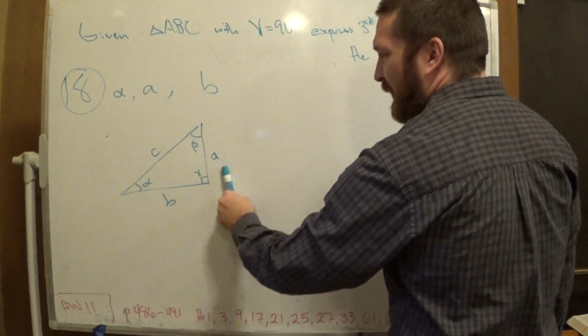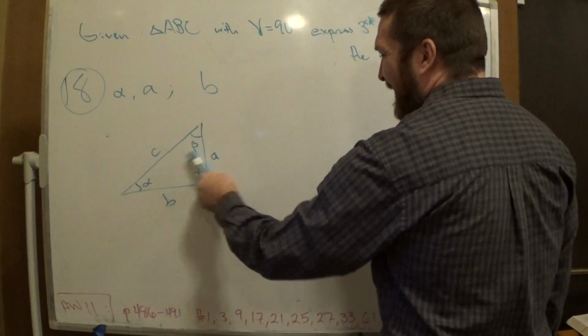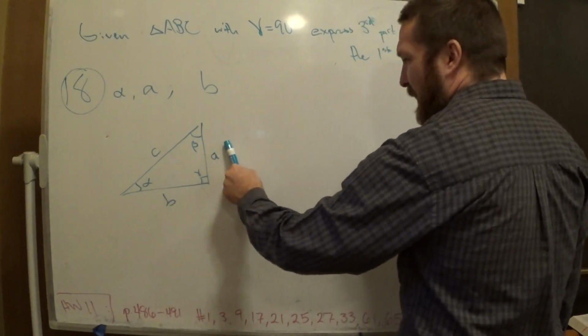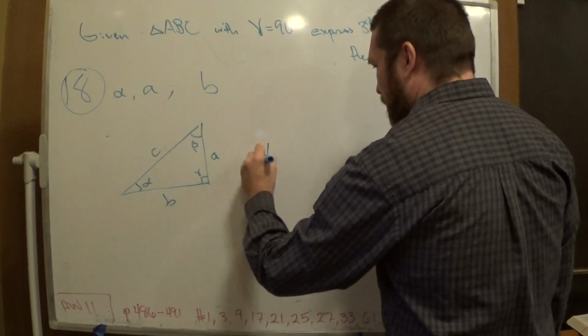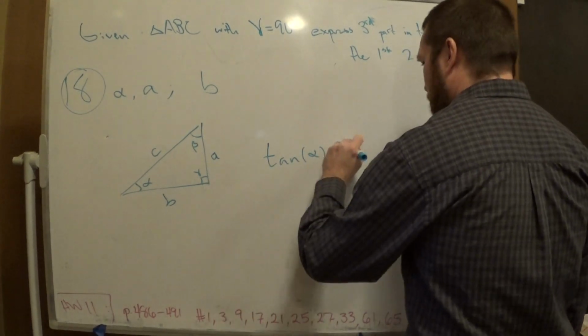I'm not even using my brain at this point. I'm just touching here and going, oh wait, that's tangent, right? Take that angle, that's opposite and adjacent, and so tan alpha is going to be that one over that one.